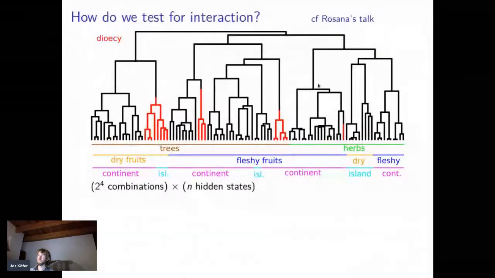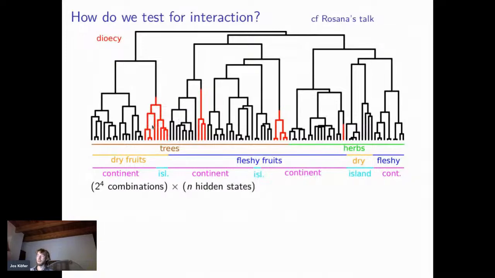Here I drew just a toy example with, in red, dioecious clades, and in black, the non-dioecious lineages. Dioecy could be associated, sometimes it's associated to trees, sometimes to herbs, sometimes to dry fruits or fleshy fruits, which are animal dispersed.